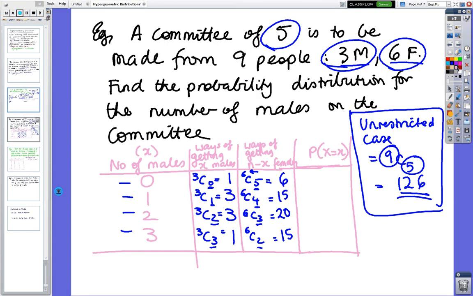So we're going to have 1 times 6 is 6, and then divide by 126. 3 times 5 is 15 over 126. 3 times 20 is 60 over 126, and 1 times 15 is 15 over 126. Now all of these numbers could be cancelled down, but I'm just going to leave them like that for this purpose. Okay, so copy that, and when you're ready, come across.